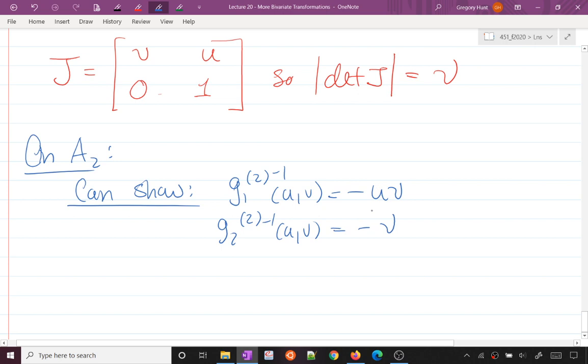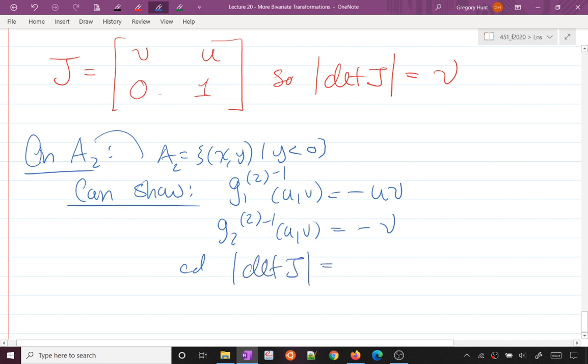We get the negative sign because we're on chunk A2. A2 is the second set, which is points x and y such that y is less than 0. And the absolute value of the determinant of the Jacobian in this case is also just going to be v. Because of the absolute value sign, the Jacobian determinant is the same.